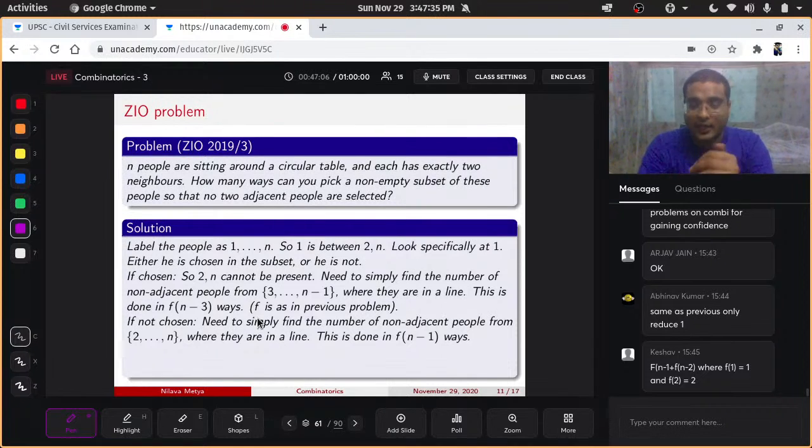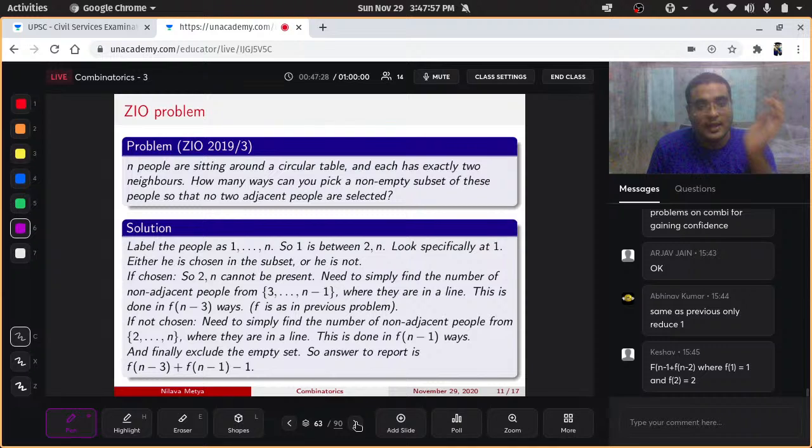Now we had allowed empty subsets in the previous f. In this first case there are no empty subsets because I'm guaranteeing that 1 is there. But in this second case there is one empty subset which is counted. So what I do is I add these two and exclude the empty subset.